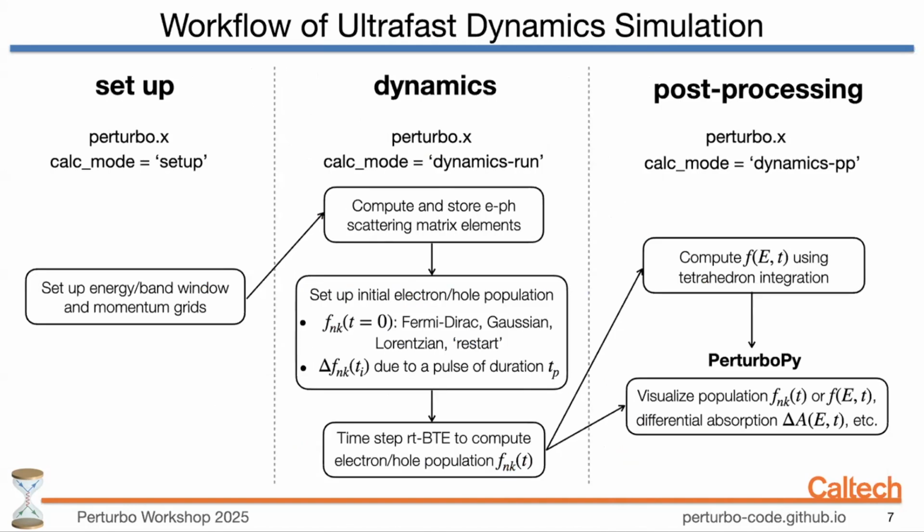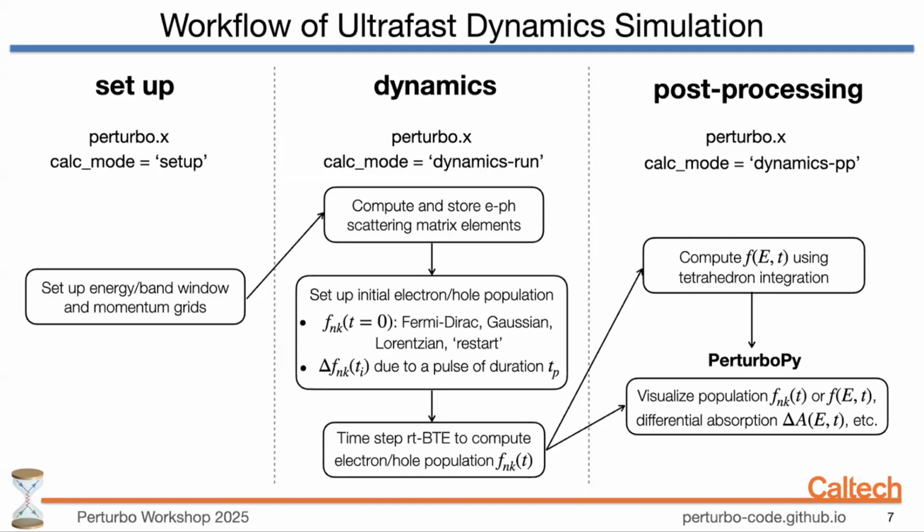So after the theory introduction, we can move on to the workflow of ultrafast dynamics simulation. The first step is setting up the dynamics. You'll see that this setup calculation is very similar to the setup for all the transport calculations that we did yesterday. Here in the setup calculation, we are already assuming that you have an EPR file that we generated using qe2pert.x, which we showed yesterday.